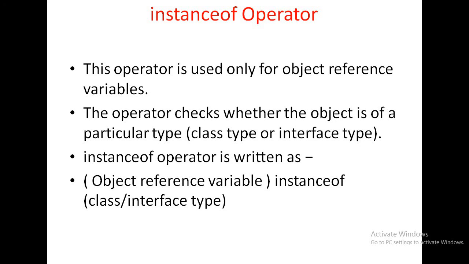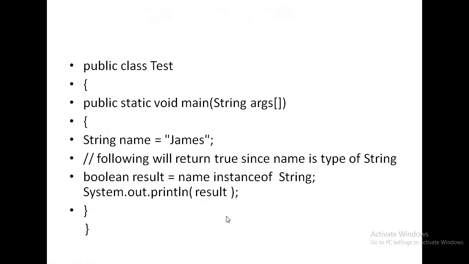The instanceof operator is written as object reference variable, that means object name, instanceof class name or interface name. Here is the example: public class Test, then the main method. String name = "gems".